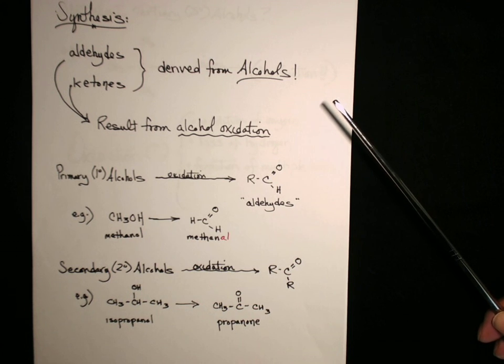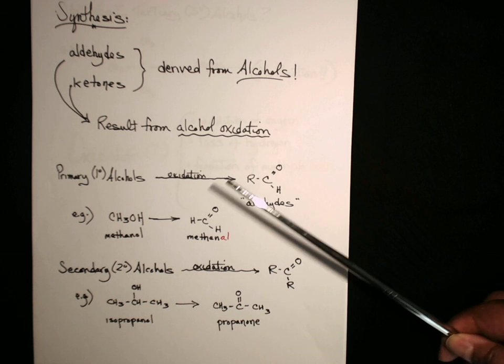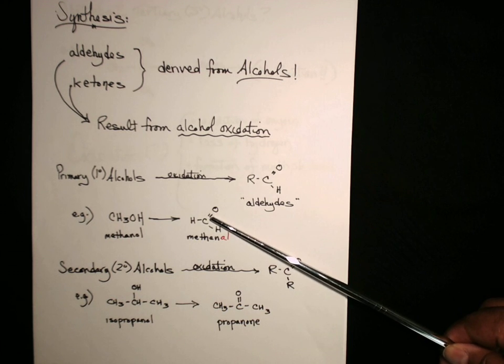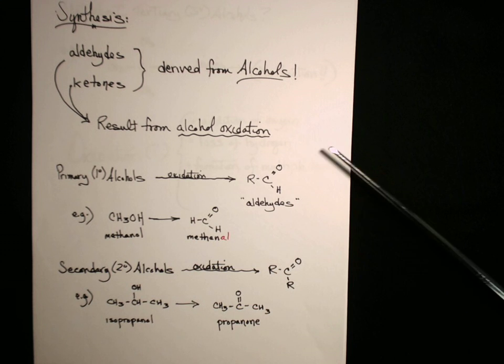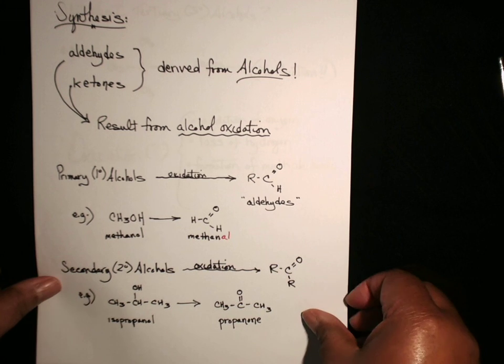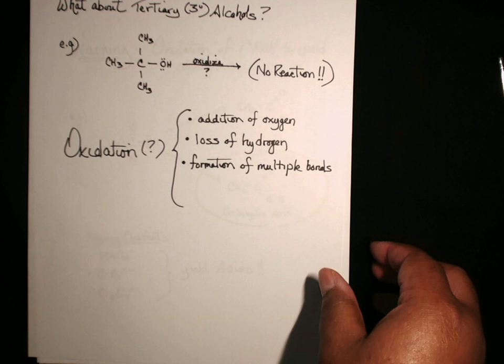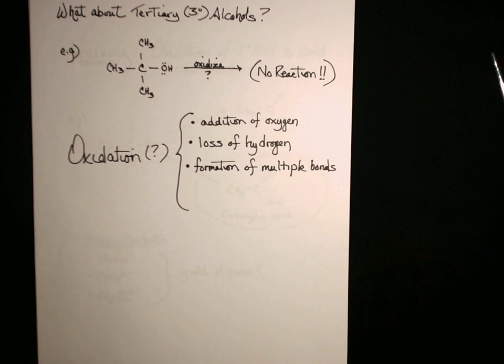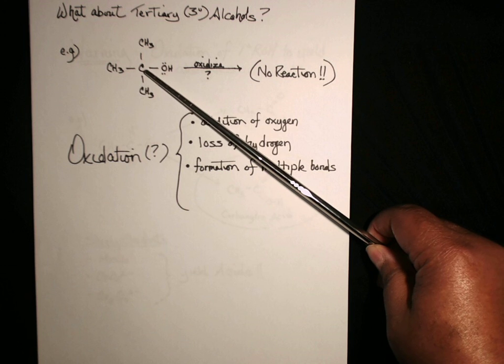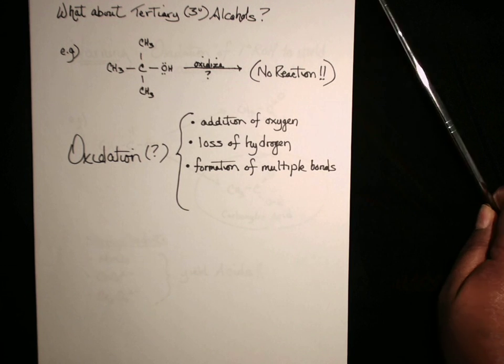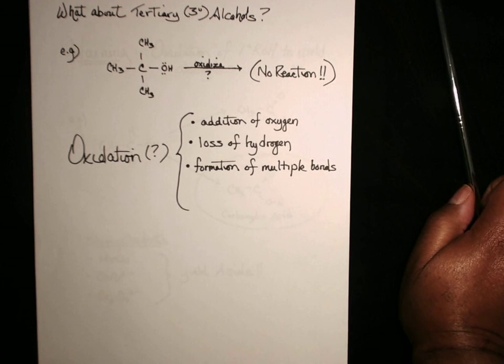While there's no real addition of oxygen, you do have multiple bonds forming and you do lose hydrogen. Look at t-butanol. If you focus on the carbon that bears the hydroxyl, last time I checked, carbon could only have 4 bonds.